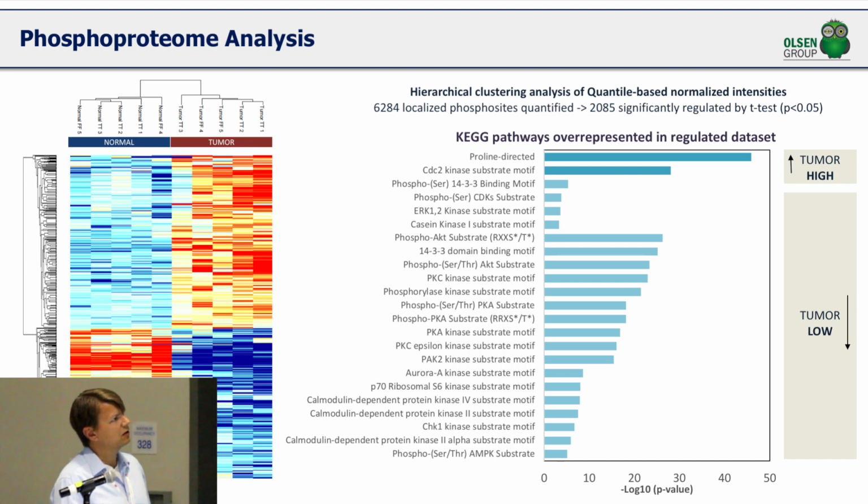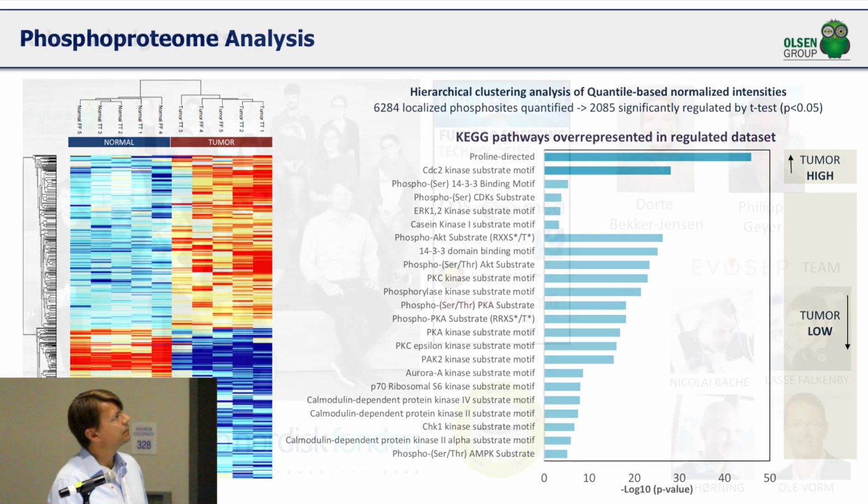And here we can see, not surprisingly, that the tumors have really adapted for growth. So it's the proline-directed kinases and the cyclin-dependent kinases that are significantly overrepresented, whereas in the healthy condition, it's many more kinases that seem to be activated.